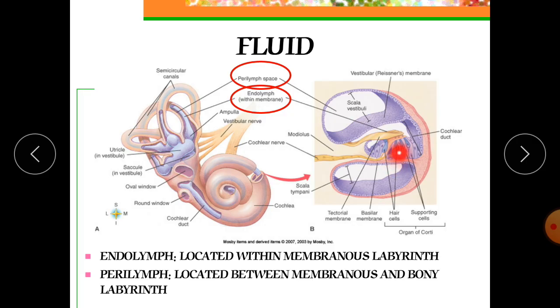So in this fashion they are involved as the receptors signaling information for hearing. Sound waves are collected from here and transferred towards the nerve, the cochlear nerve.